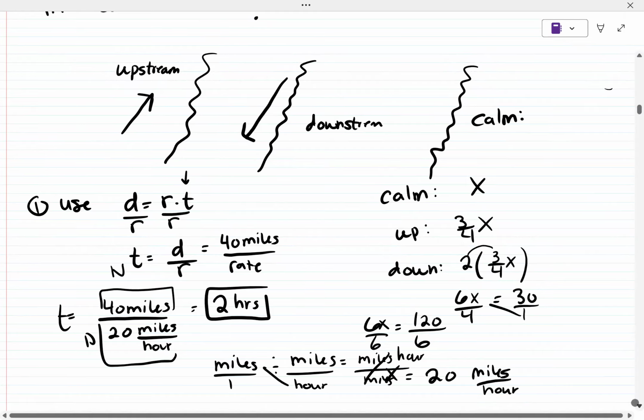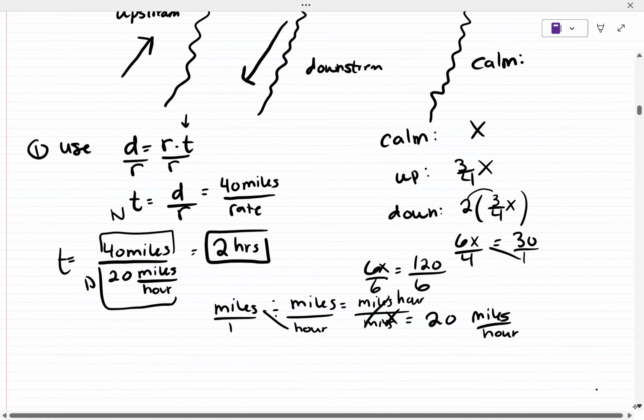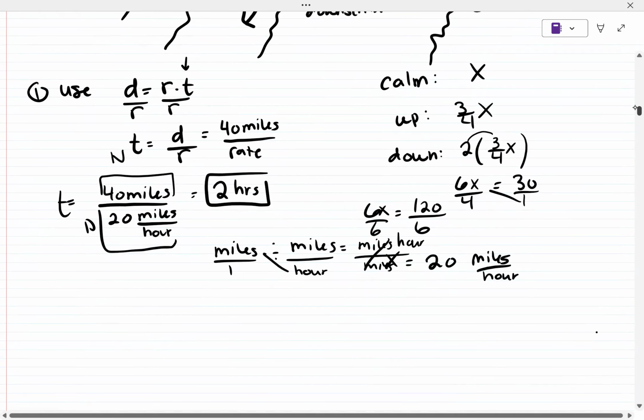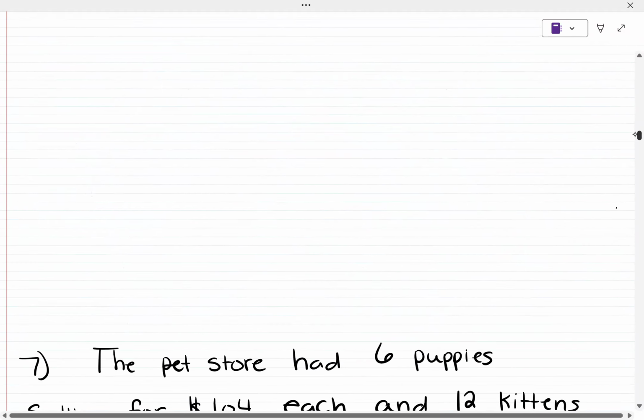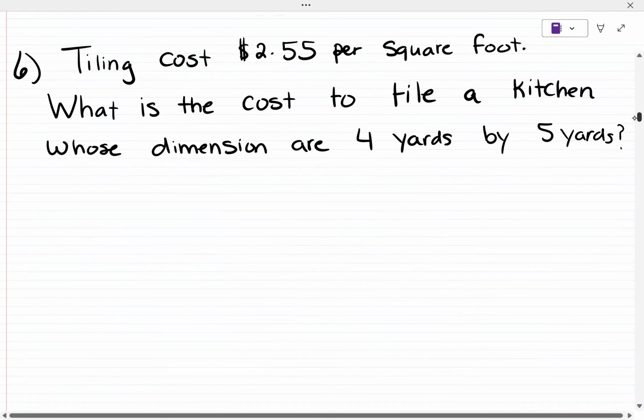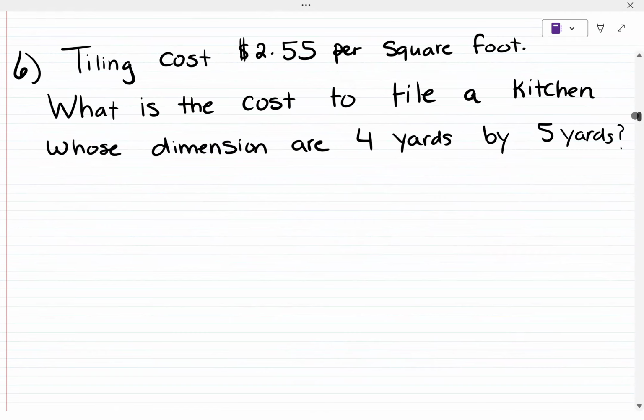Okay, let's move on to 6. Okay, question 6. Tiling costs $2.55 per square foot. What is the cost to tile a kitchen whose dimensions are 4 yards by 5 yards?